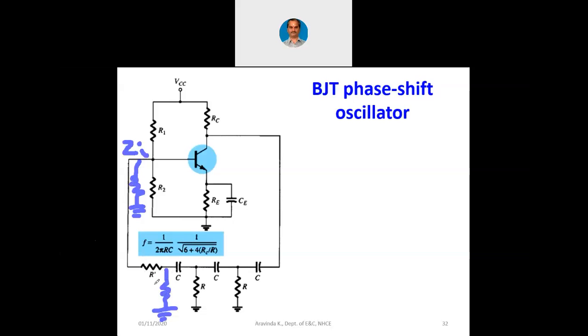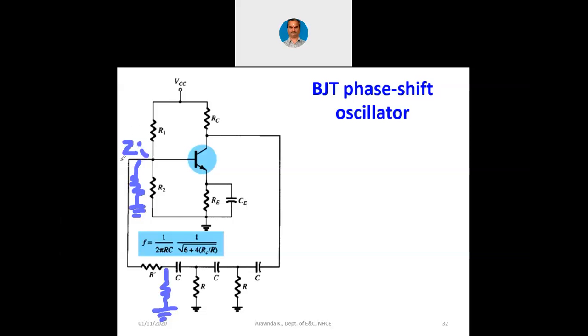When that R is going to be coming in parallel with Zi, what happens here is, you have chosen R to be 4.7 kilo ohms in that particular exercise. So this will be 4.7 kilo ohms. This also will be 4.7 kilo ohms. But when we connect this 4.7 kilo ohms here, now this Zi is in the range of, let us say, 2 kilo ohms.